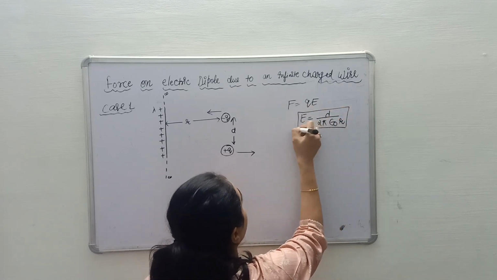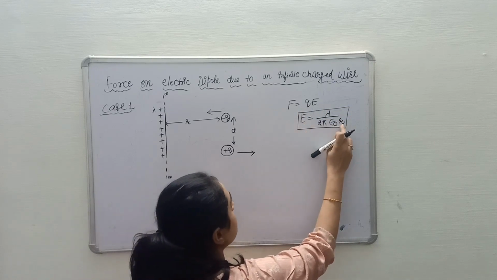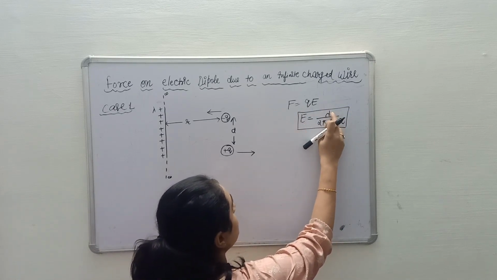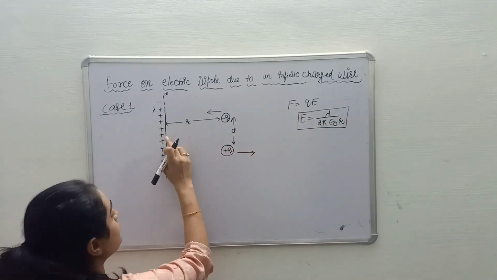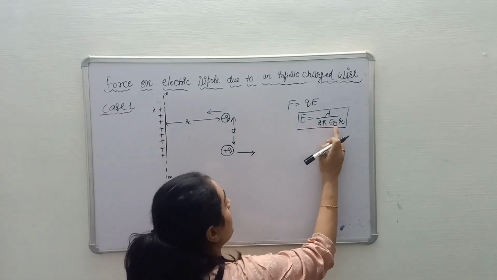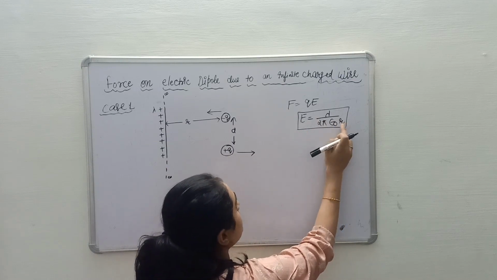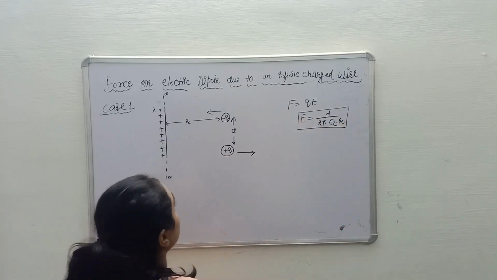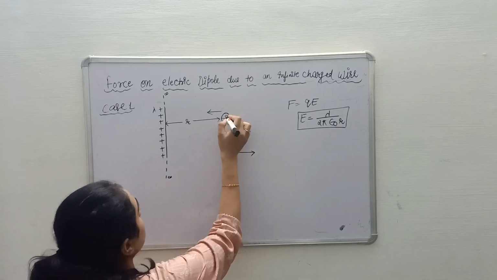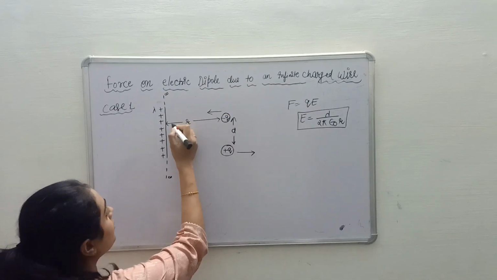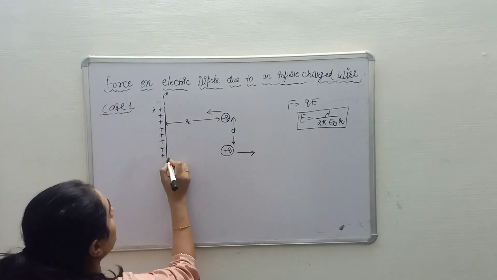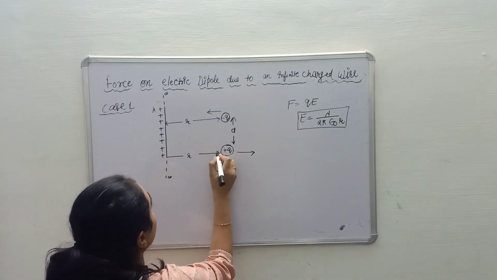So this electric field depends on the distance r. Lambda is the charge density, constant charge per unit length, and 2 pi epsilon naught is constant. So E is inversely proportional to the distance. This r is the same for the minus q charge and the positive charge.